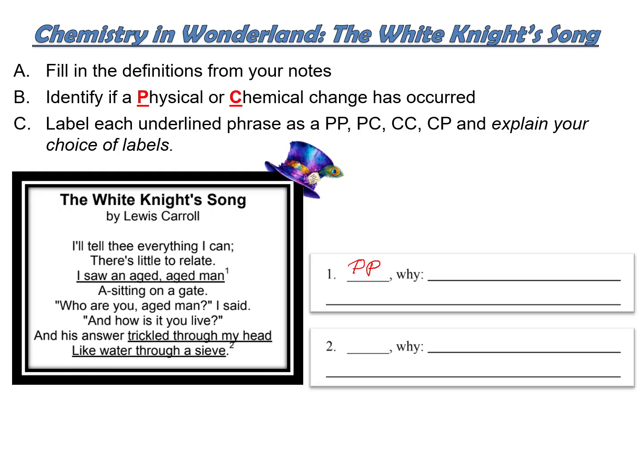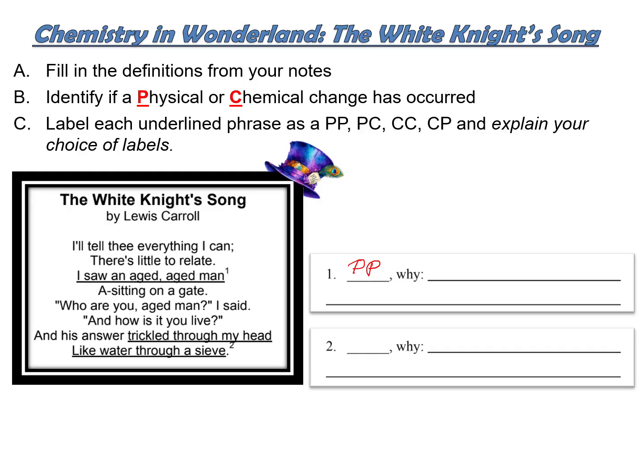All right, so: "I saw an aged man sitting on a gate. Who are you, aged man? I said, and how is it you live? And his answer trickled through my head like water through a sieve." And so the line "trickled through my head like water through a sieve" is underlined. So we've got to decide what that's talking about. All right, so water trickling.